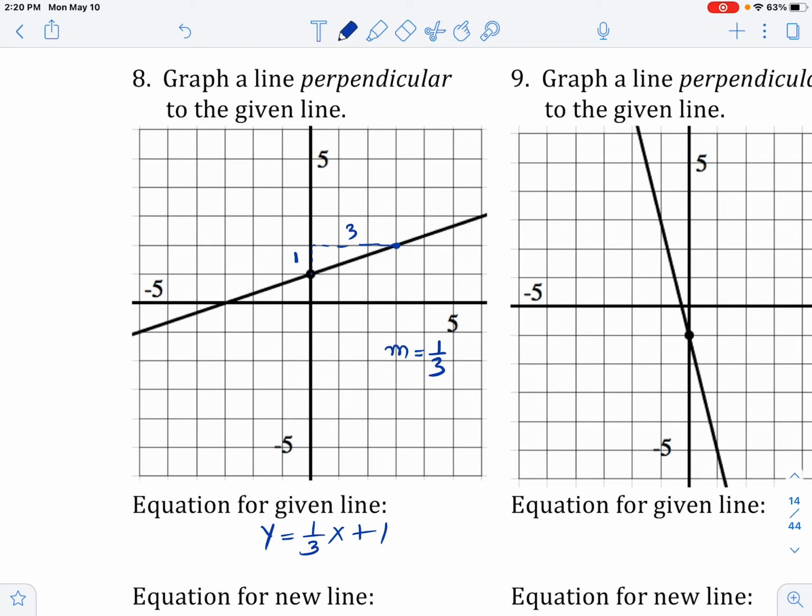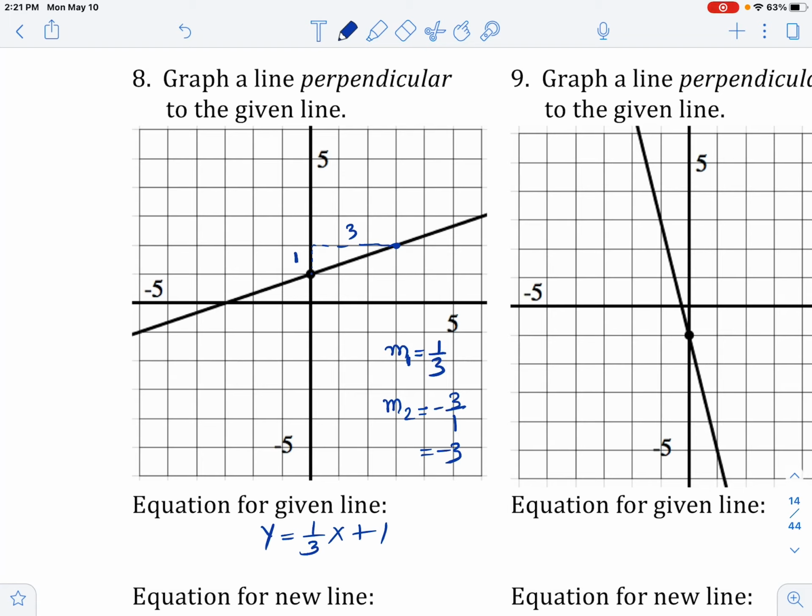That's the equation when I plug it in y equal to mx plus b, but I have to have a perpendicular. So if this is the slope of first line, slope of second line will be negative reciprocal. That will become negative 3 over 1. Just flip the fraction or number and make it negative. So that's actually negative 3. What I would do, I have to draw a line here which is perpendicular to this.